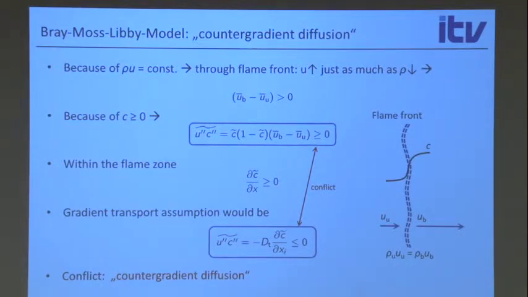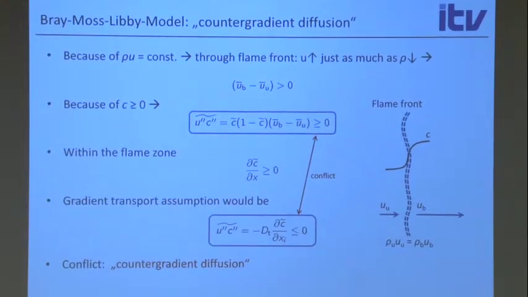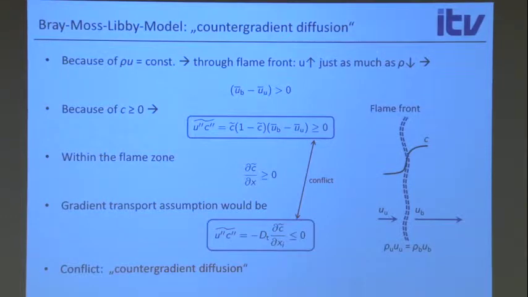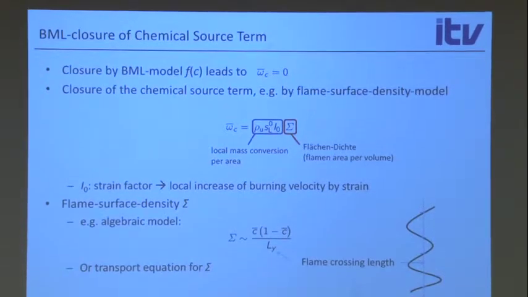For weak turbulence that is a very important effect. If the turbulence gets stronger, the gradient diffusion becomes stronger again, but the effect of the heat release is not to be neglected. I think that is a very interesting result that the simple model shows us, where we only made one single assumption, that the flame is infinitely thin.